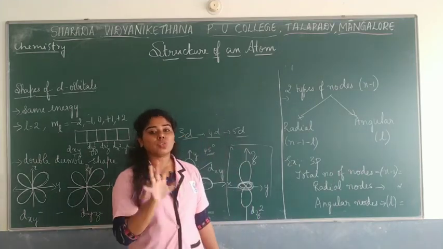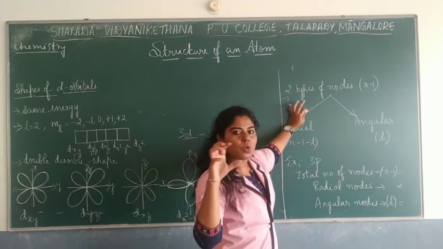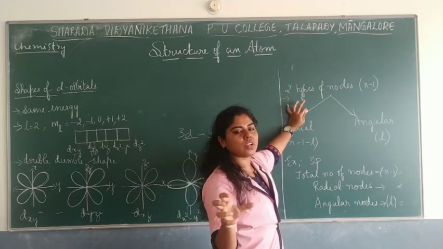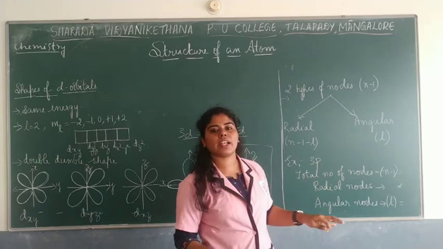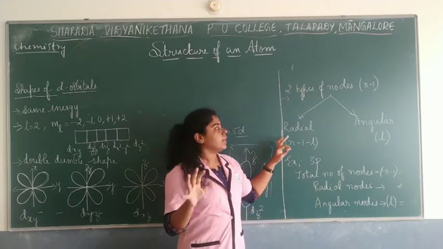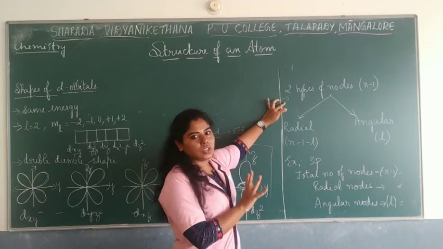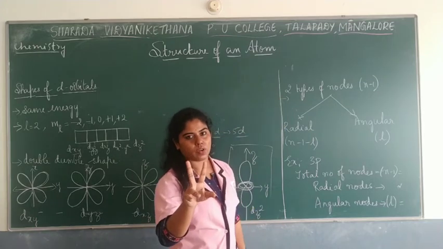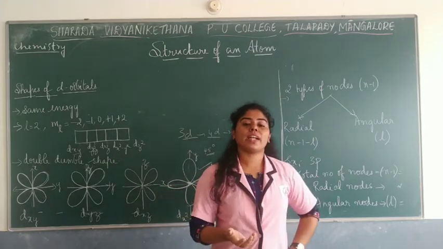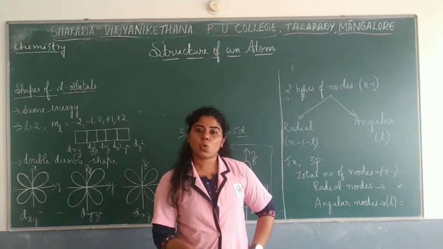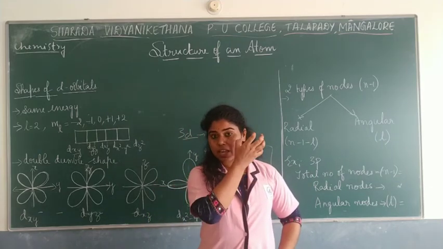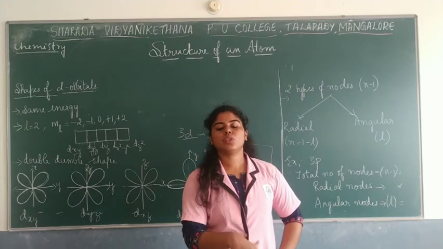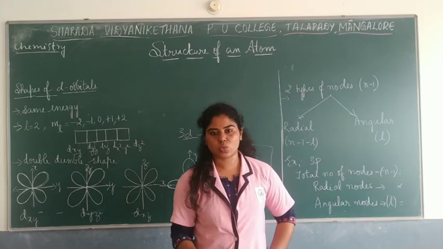Now coming back to nodes, children, as I told you, node is a surface or the region where finding of electron is 0. The probability of finding an electron becomes 0. Now, in nodes, you have two types. They may ask you to find out the number of nodes present in a given subshell. So they may give you an orbital wherein you will have to find out the number of nodes which are present.